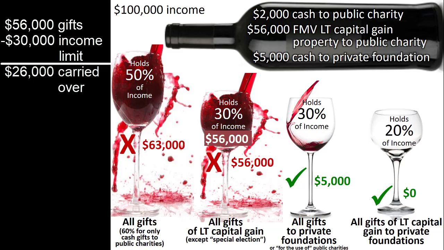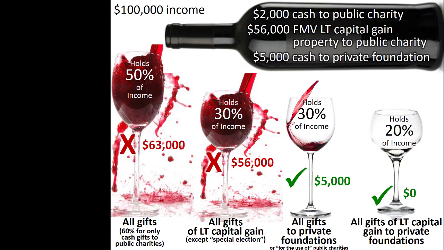Thus, there will be $26,000 of spillage out of the second glass. The third glass contains all gifts to private foundations and can hold up to 30% of income, which in this case means $30,000. The total gifts to private foundations were $5,000, so there is no spillage out of this glass. There were no gifts of long-term capital gain to private foundations, so the fourth glass is not relevant.